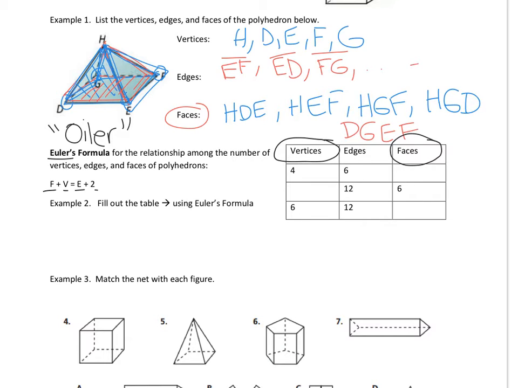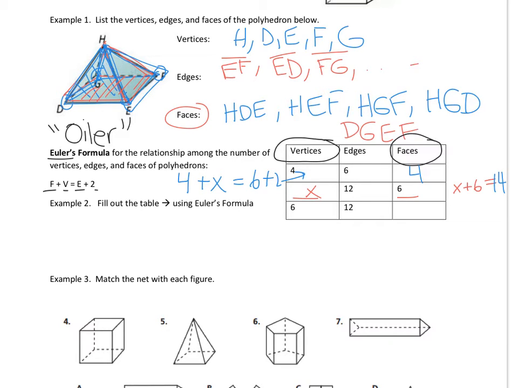So in this case, this one needs to be 4. So 4 plus X equals 6 plus 2 if I write it out. That's this line. The second line is going to be X plus 6 has to equal 12 plus 2, 14.